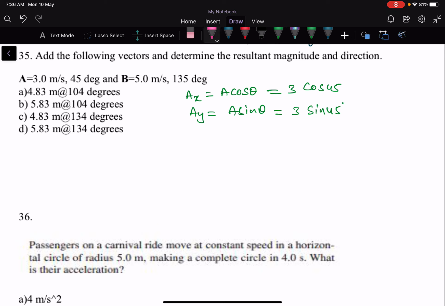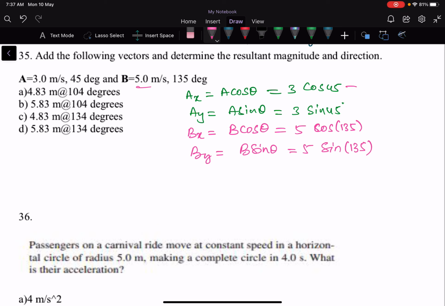Now find Bx and By. Bx equal to B cos theta and By is equal to B sin theta. So here B is 5, Bx is 5 cos 135 and By is 5 sin 135. Here we will get Ax, Ay, Bx, By.